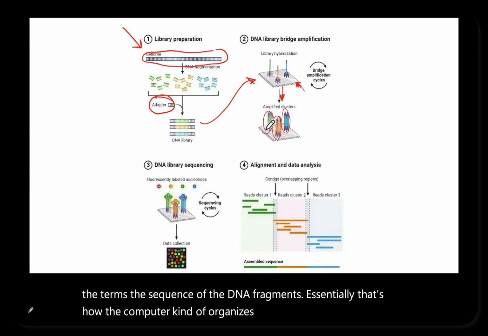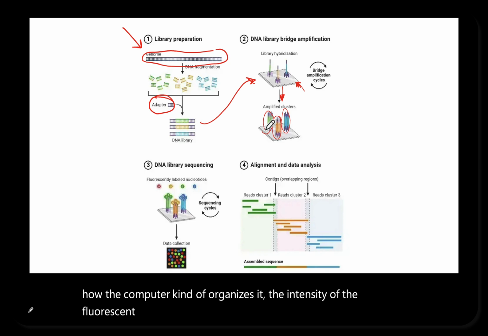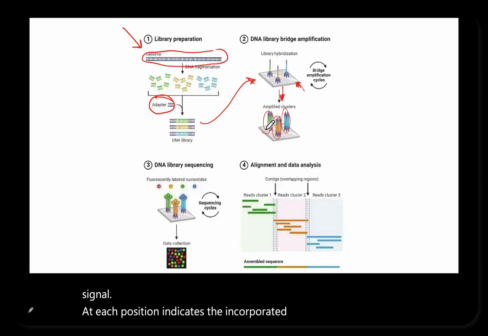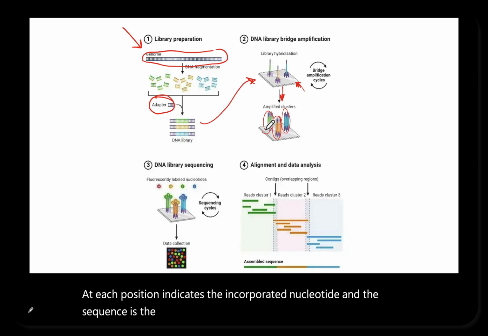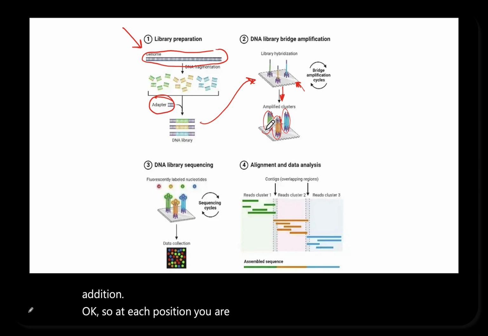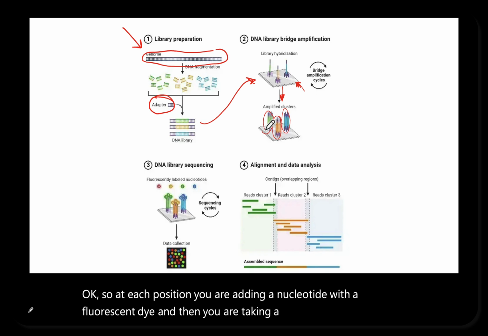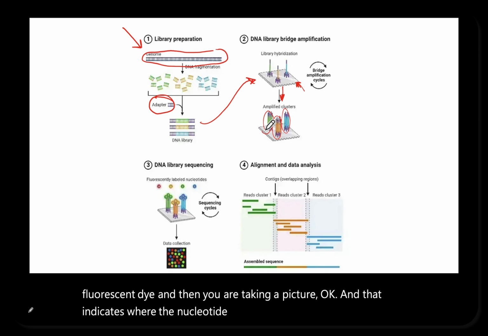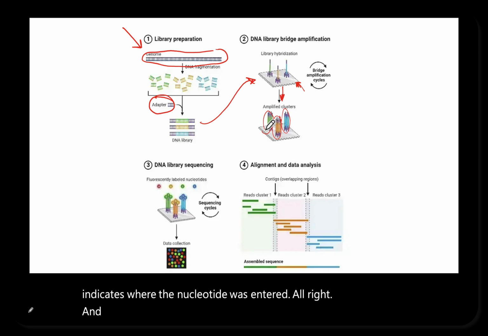The intensity of the fluorescent signal at each position indicates the incorporated nucleotide, and the sequence is determined based on the order of the nucleotide addition. Okay? So at each position, you are adding a nucleotide with a fluorescent dye, and then you are taking a picture. And that indicates where the nucleotide was inserted. All right? And then that sequence will be determined based on the order that those nucleotides were added.